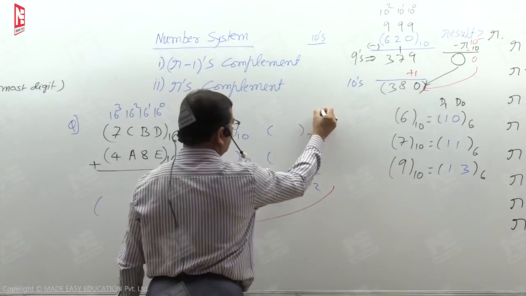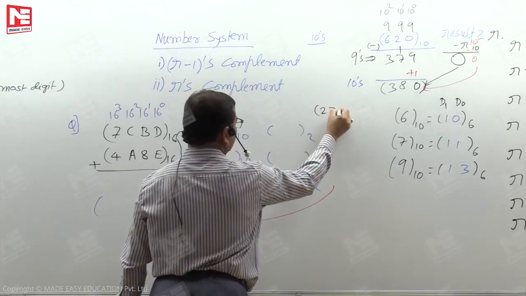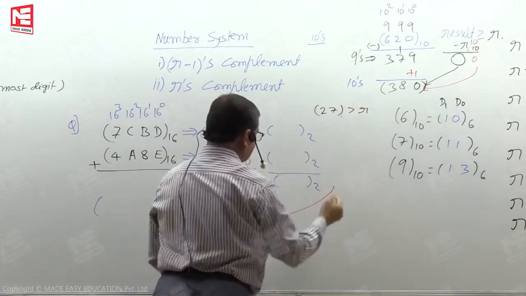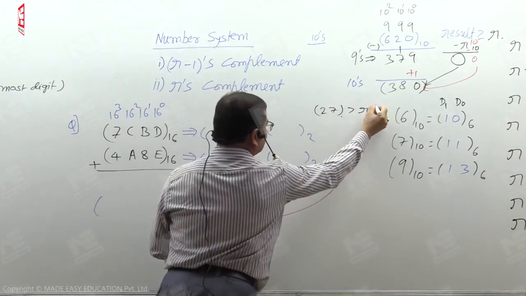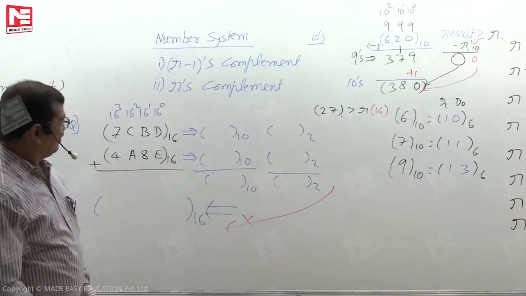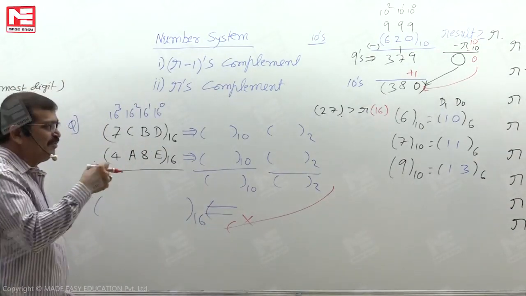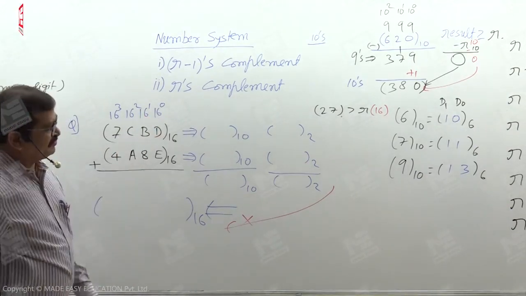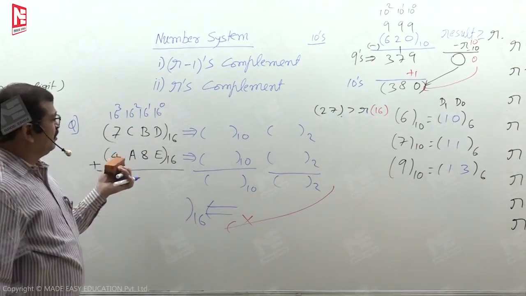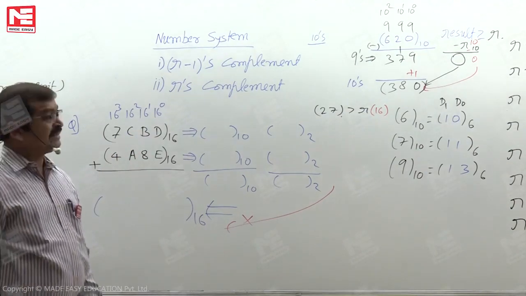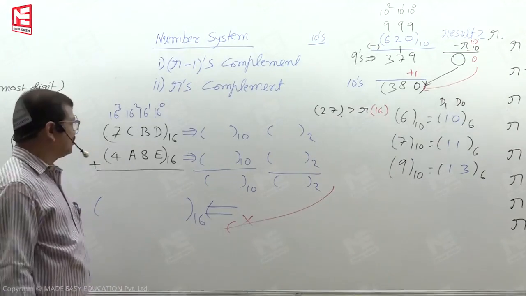This 27 is greater than the radix, which is 16. If I speak any numerical error, do check it yourself later.